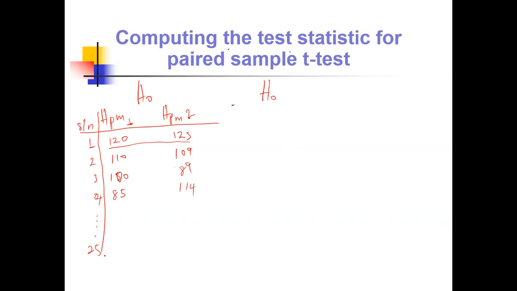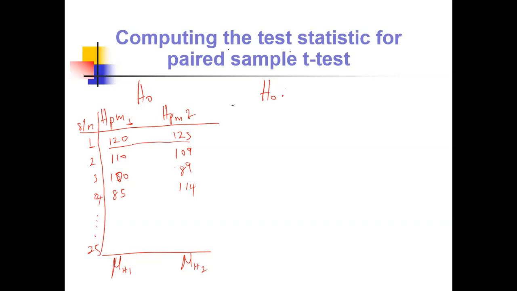So if you are going to check whether exercise affected the heart rate, you're going to compare the mean. So let's say at the end of the day, you can sum this up. You find the mean for heart rate before the exercise, and you find the mean for heart rate after the exercise. You're going to compare those two, okay? It's expected that the heart rate increases after exercise.